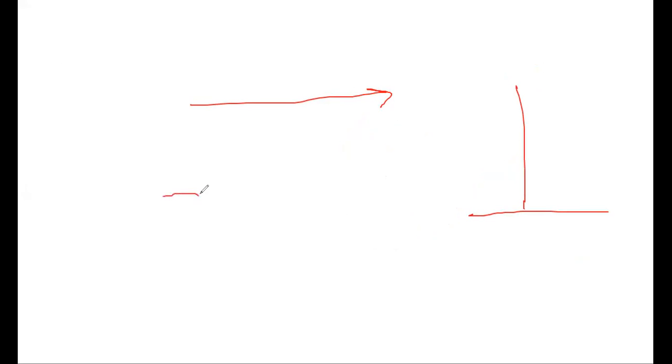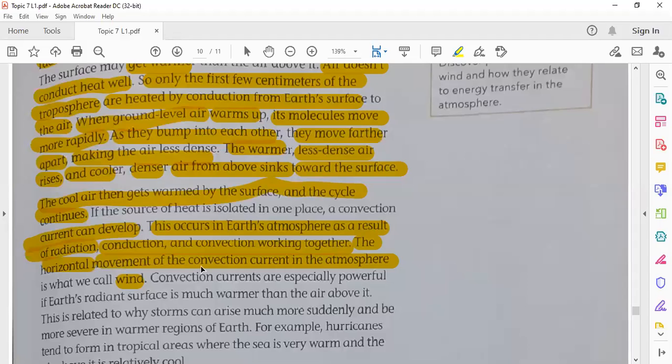Okay, this is horizontal, or this direction, whatever. So the horizontal movement of the convection current in the atmosphere is called wind.